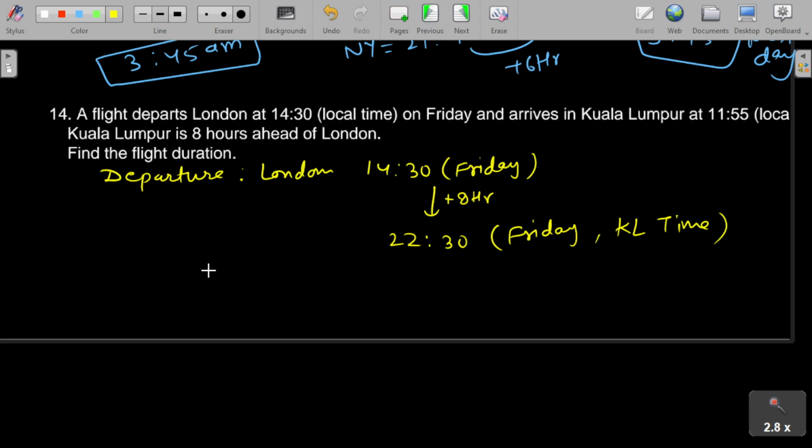And arrival is 11:55 Saturday. Arrival 11:55 Saturday.